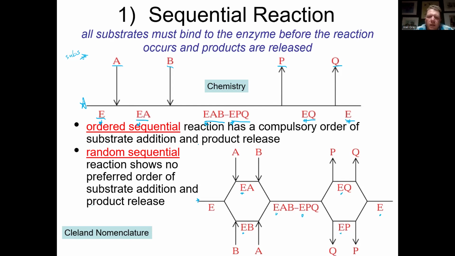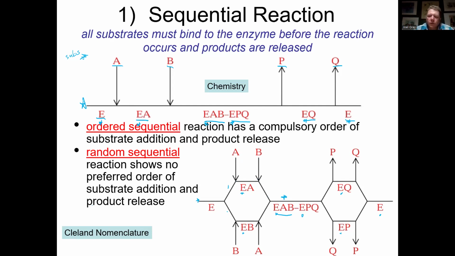Now, if our enzyme follows a random sequential pattern, what you could have is one round where A binds, then B binds. You arrive at EAB. Okay. And that EAB down here, that's not significant. It could be EBA. It doesn't really matter.